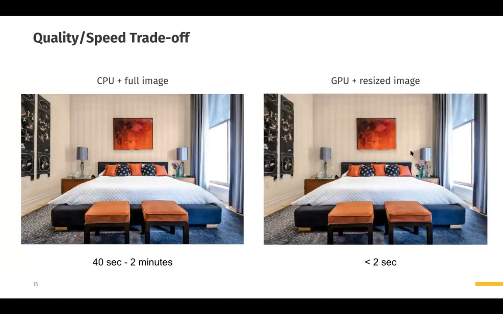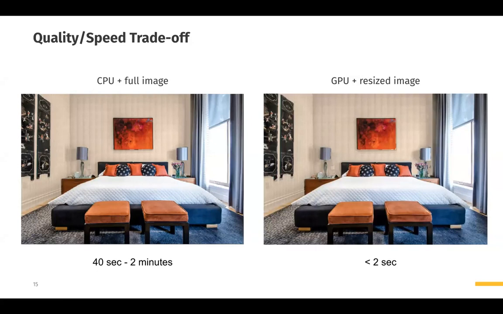And here we always have this compromise between quality and speed trade-off. Our first iteration and our first pipeline took up to 2 minutes, but obviously with a higher resolution of input pictures, you will have a better segmentation.